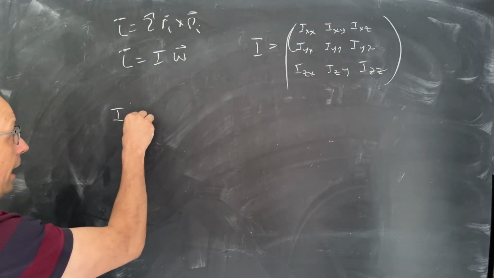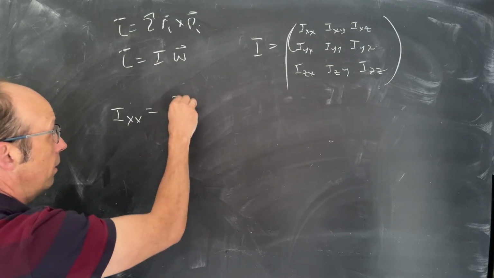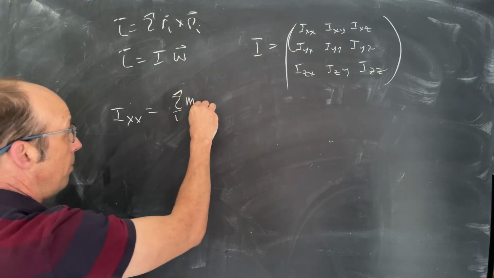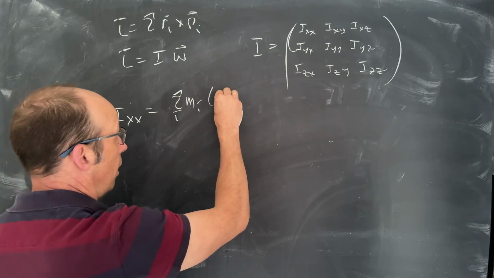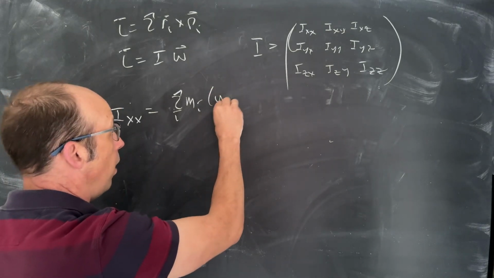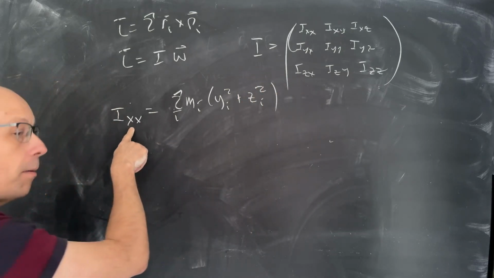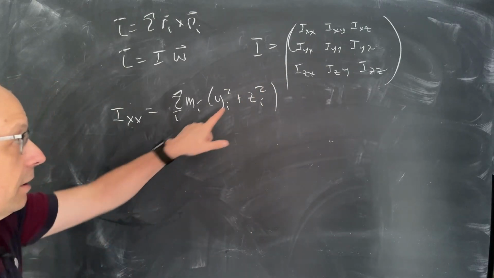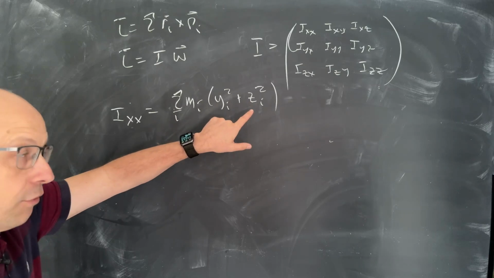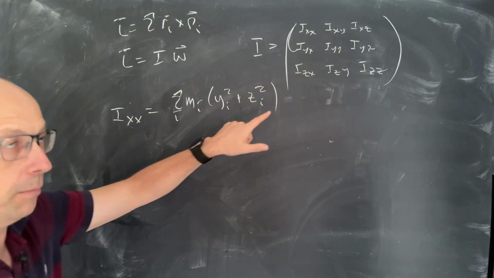Ixx is going to be the sum over i of mi times, I'm just going to use x, y, and z values, yi squared plus zi squared. So this is the moment of inertia about the x-axis, and so we don't use the x values, right? We use the distance of the x values, and that is the same thing as what we had before.